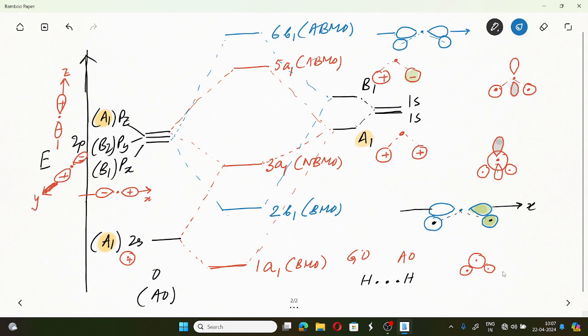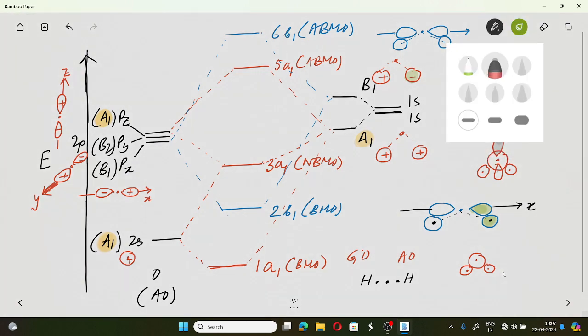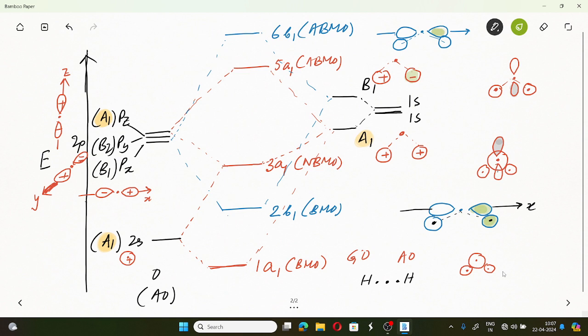Now out of phase means, suppose we consider the phase of px to be undisturbed as it was in the previous case, then we have to reverse the phase of this group orbital, isn't it? So the situation will be like this. So this is out of phase combination. Can you follow this? This is out of phase combination.